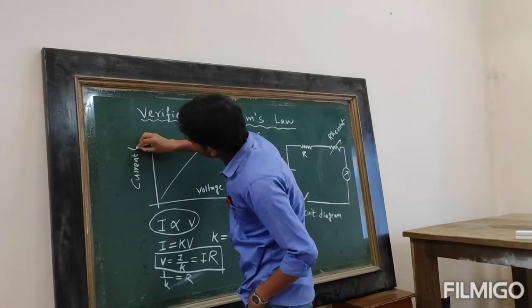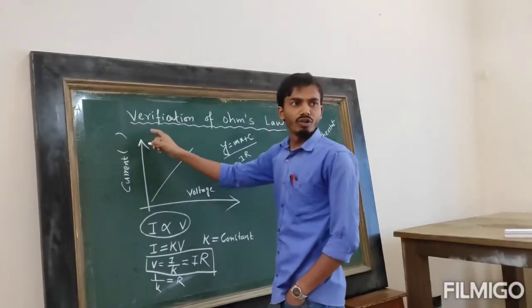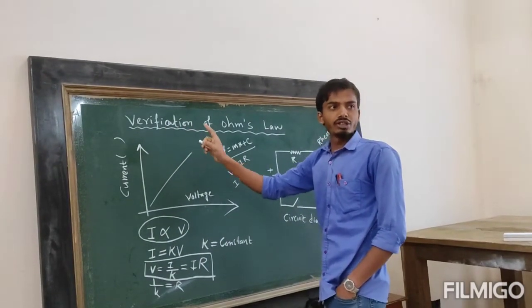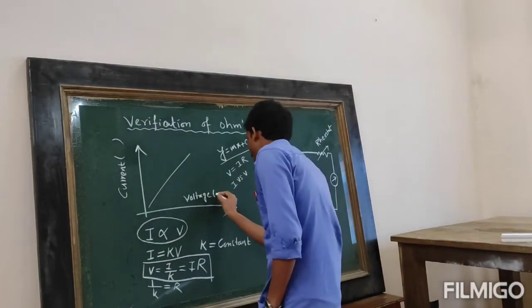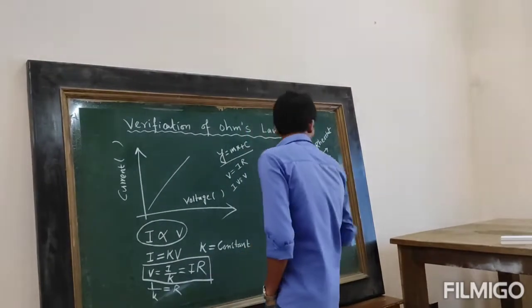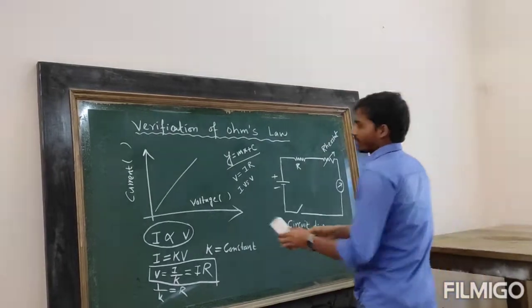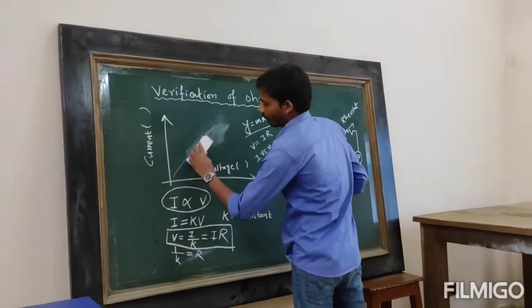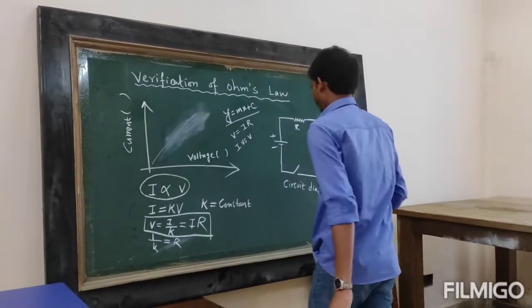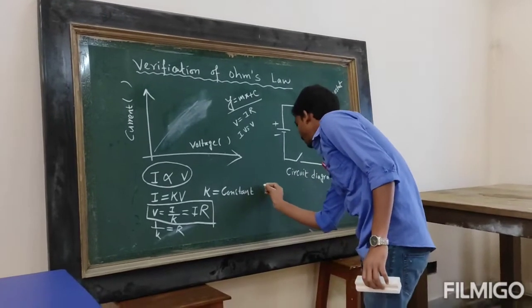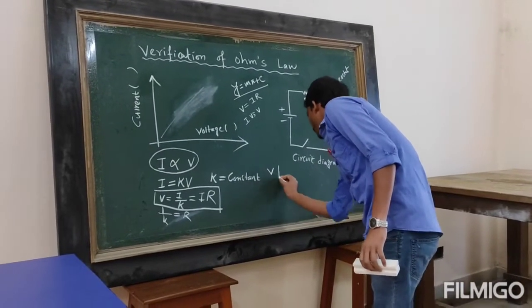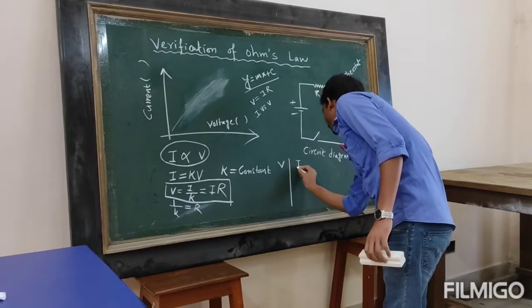Always write the unit here. Don't forget it. A unitless quantity is meaningless. Suppose I take some data, V versus I.